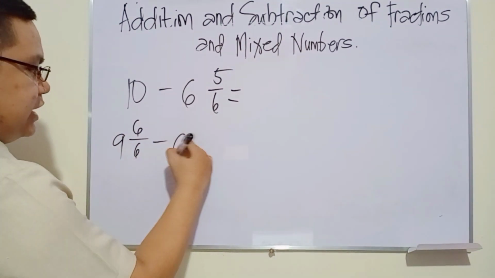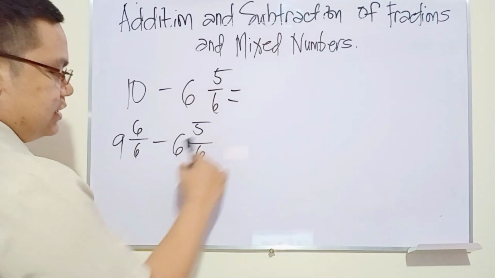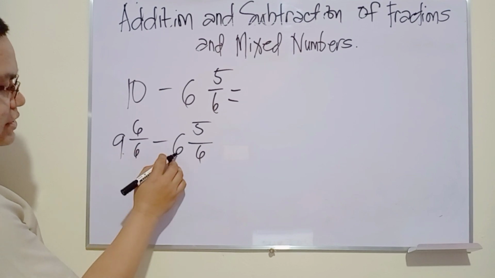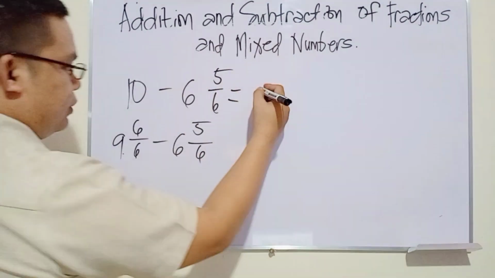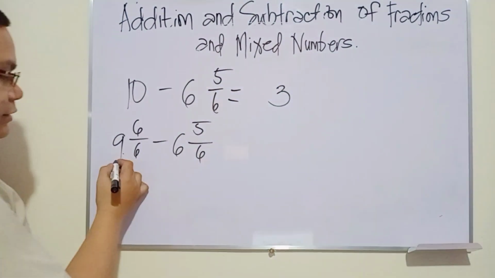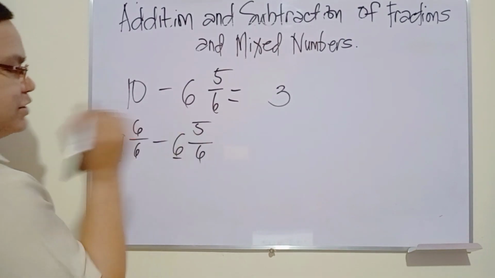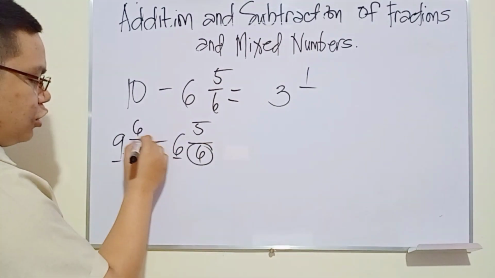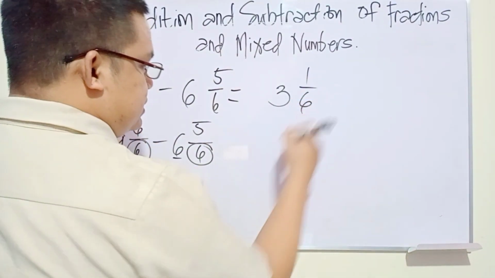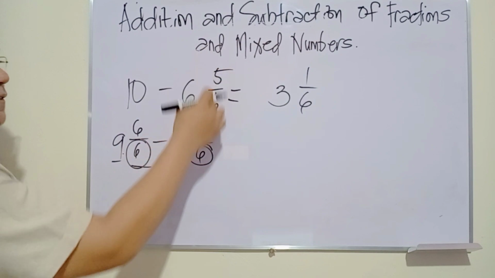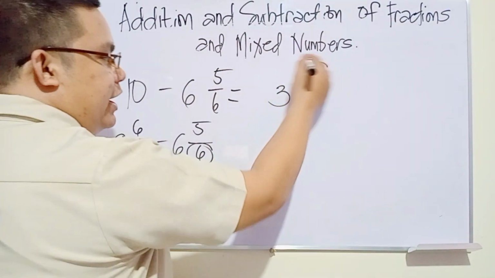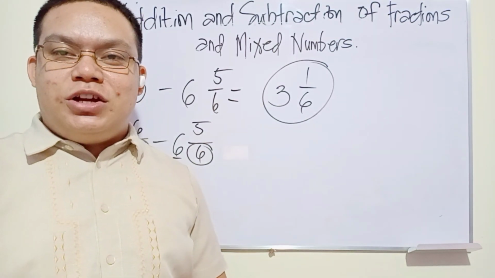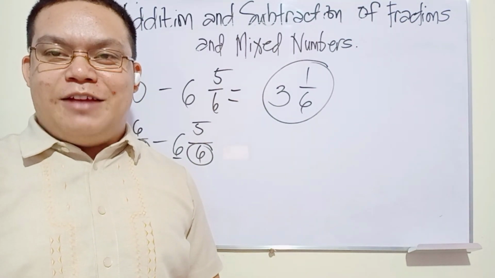Subtracted to 6 and 5 over 6. So 9 minus 6 is equal to 3. 6 minus 5 is equal to 1. And then copying the common denominator, which is 6. So 10 minus 6 and 5 over 6 is equal to 3 and 1 over 6. So that is how you do the addition and subtraction of fractions and mixed numbers.